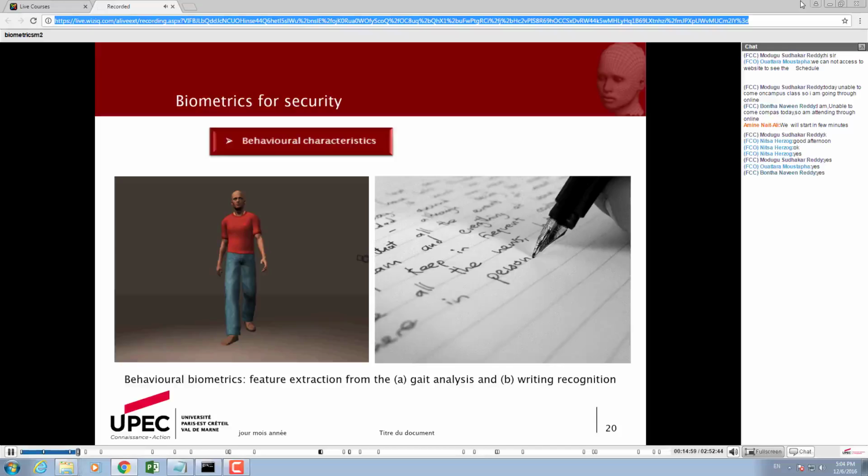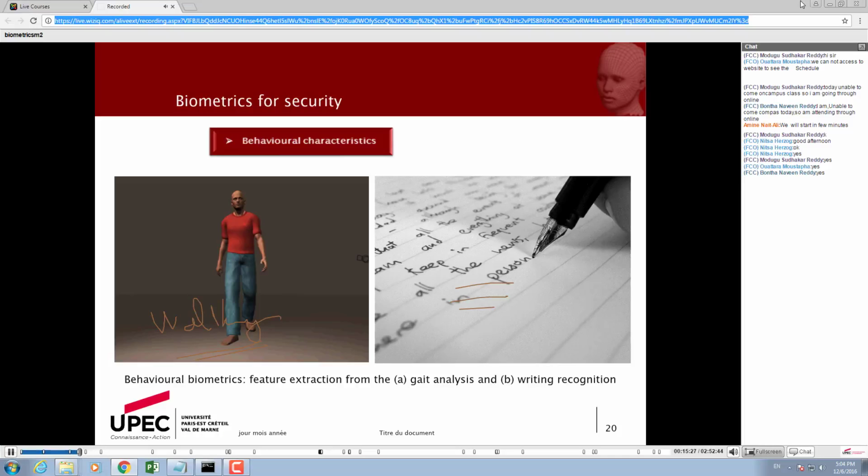It's a little bit different, and the idea is to analyze, for example, how someone walks. We can analyze walking. We can analyze how someone writes, so it will be regarded as behavioral biometrics. The other one is physical, but this one is behavioral.